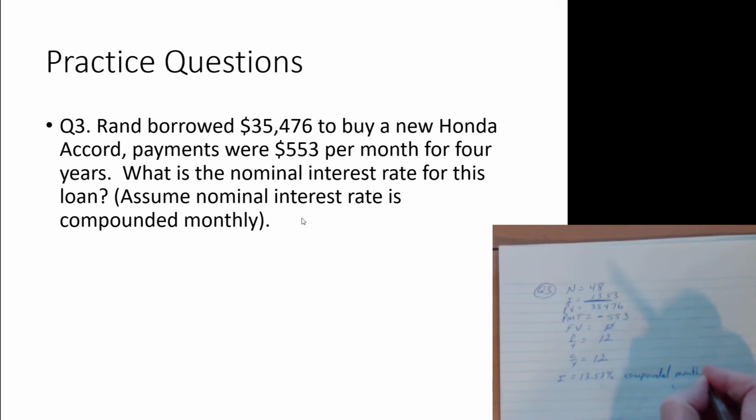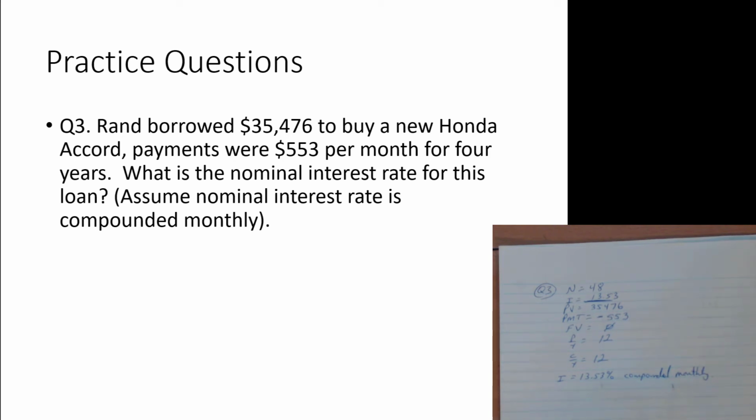Because it is asking for a nominal interest rate, you report the number, but you have to also include the compounding period. That is very important. There are two components to a nominal interest rate. There's the interest rate itself, and there's also the compounding frequency. They're both important. Okay. So we're all set there.